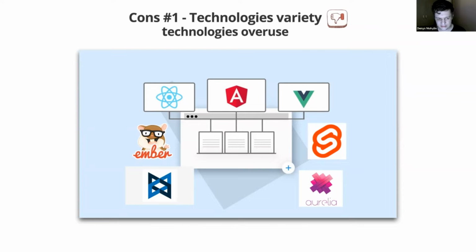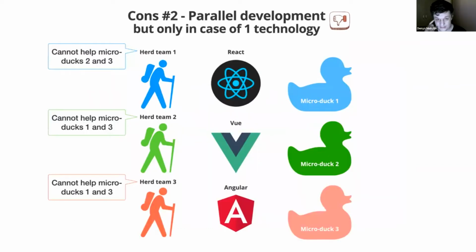Even if it's not from the start, you will reach it in a few months, or years, or something like that. The next con is that it's very cool to have parallel development, but the problem is if, for example, something happens with one of the teams, or there are troubles in the deploy process or something like that, it will be hard for each team to help another team.